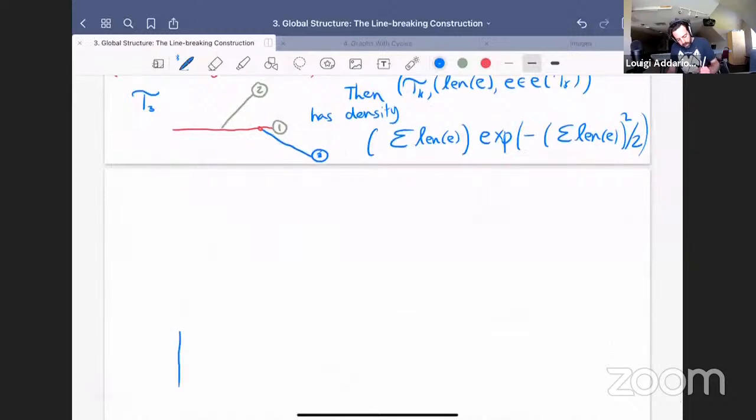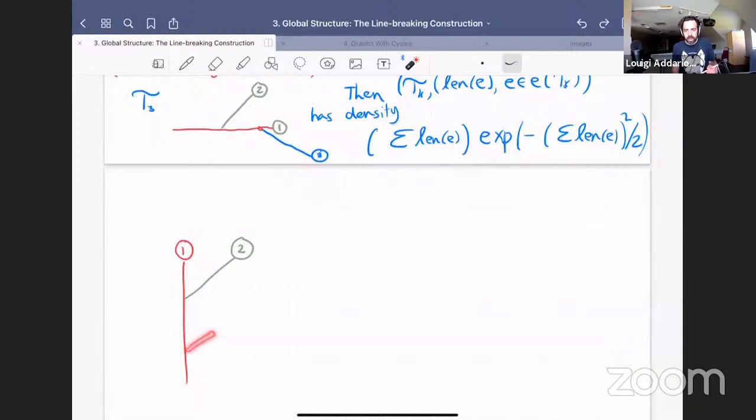The first tree is just a branch to a leaf. Then we attach another branch to a random point on the first branch. And now, if I show you this whole picture, it's not the case that the next attachment point is equally likely to be any of these three segments. This one is longer, so it's more likely to attract the next attachment.